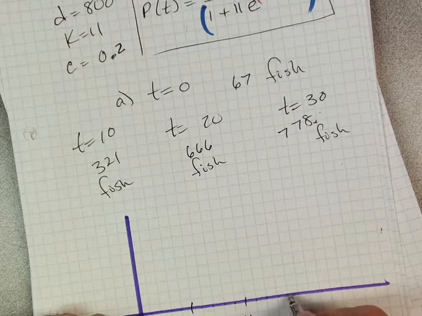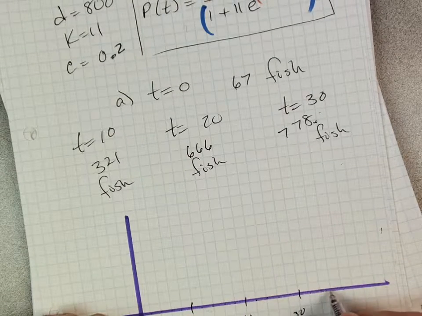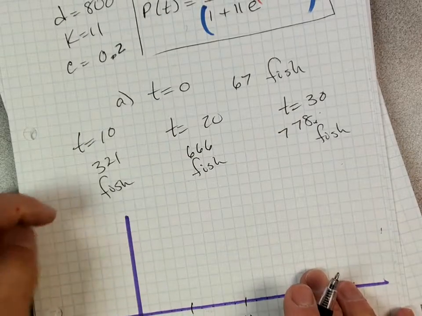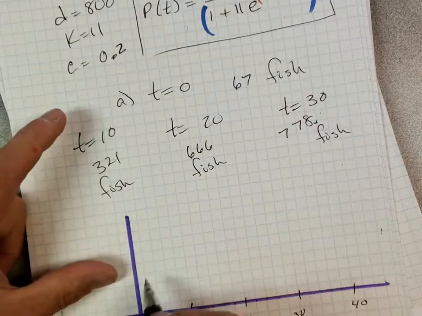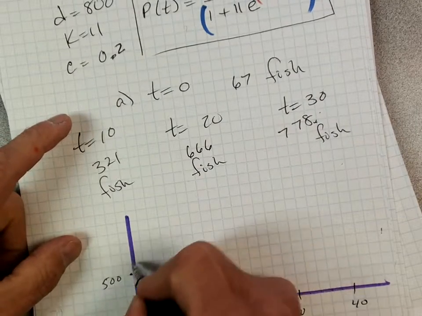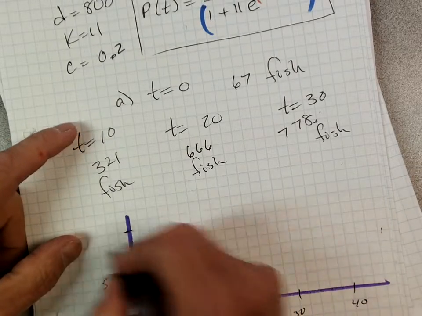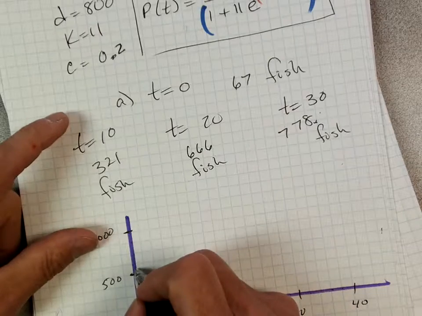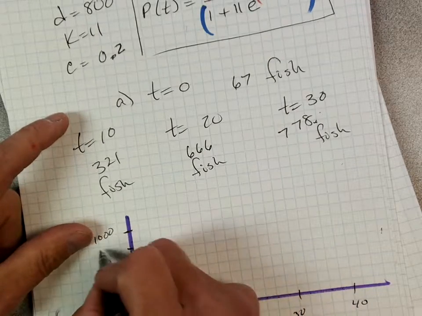There's 30. And there's 40 even. 800, so maybe I'll go up to 1,000. We'll go 500. There's 1,000. So we know that 800 is, let's see, that's 750, so 800 is right about there.